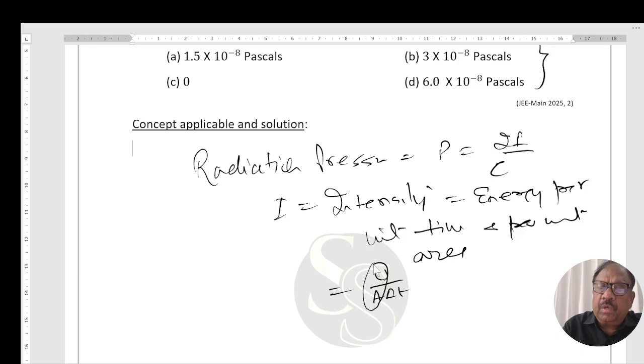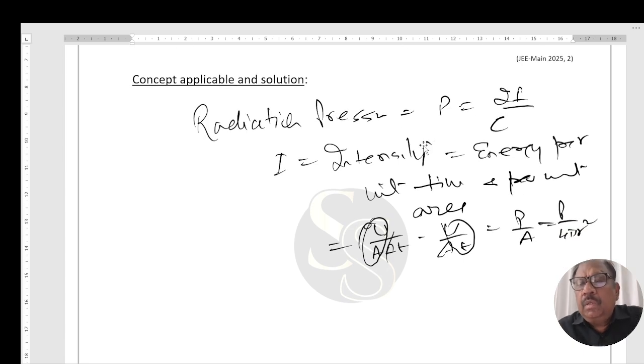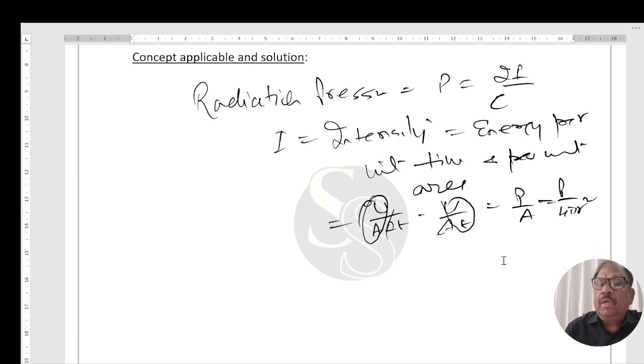Energy per unit time we can also take as power, sorry. U upon AT, that is power upon area, P upon 4 pi R square, right? This is the intensity.